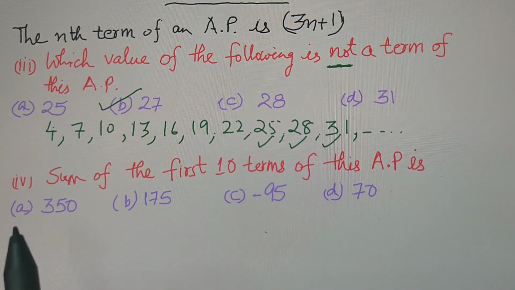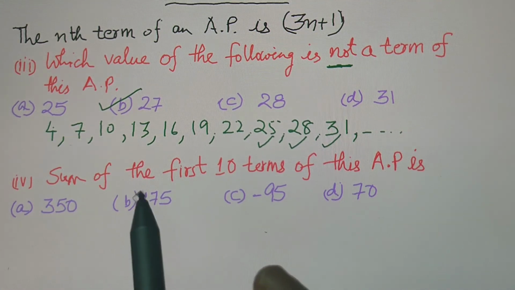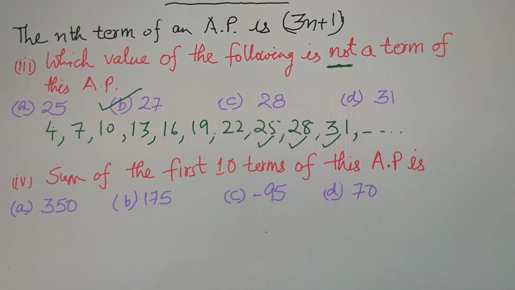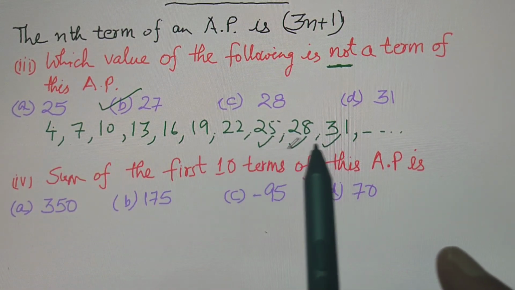Now we are into the last part of the question, where we have to find the sum of the first 10 terms of the given AP. Now we've written down the first 10 terms here.